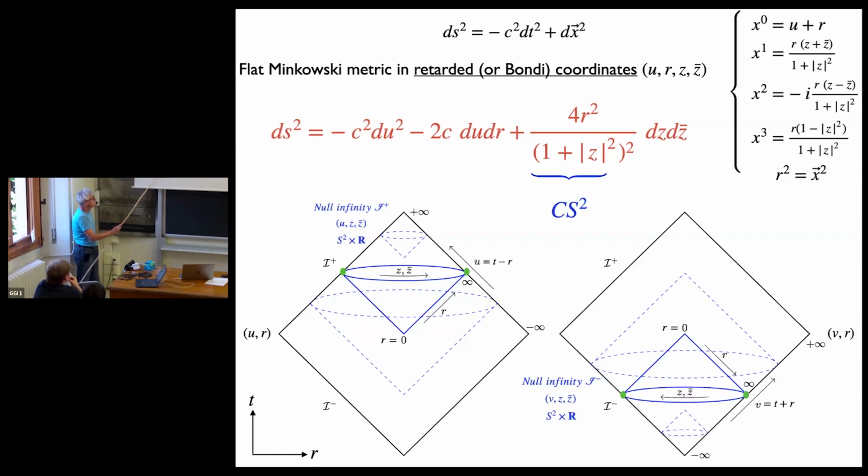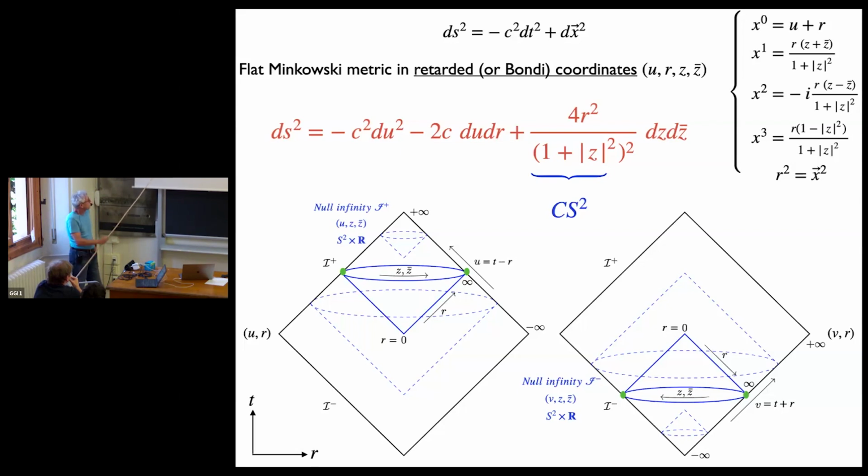Since they are massless, they travel with the speed of light, and at some time they will hit null infinity, and this is the celestial sphere here. But of course, if you wait a little bit longer, then you are here, and this is the set of light rays hitting null infinity.